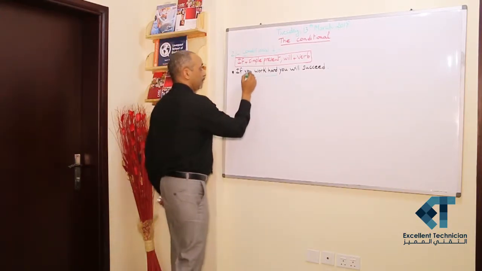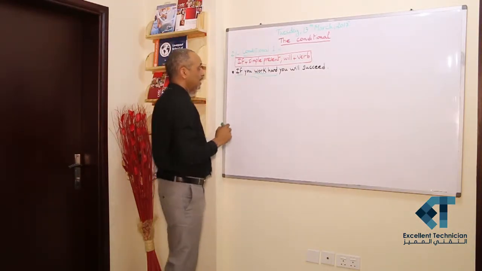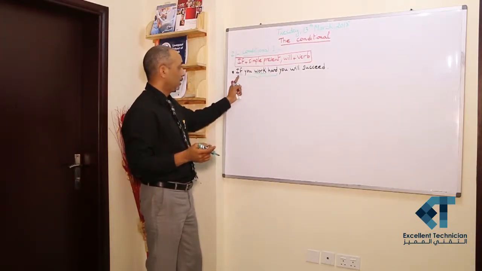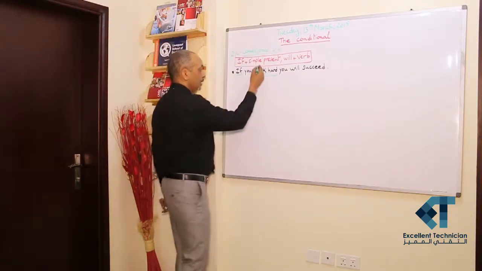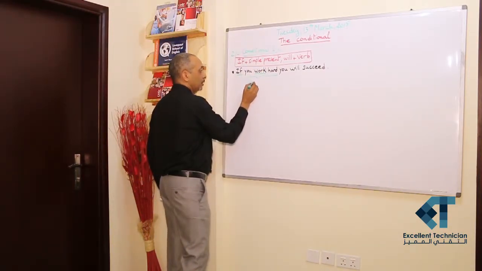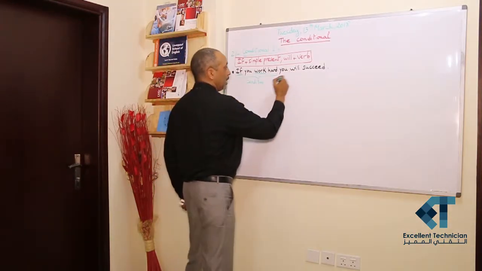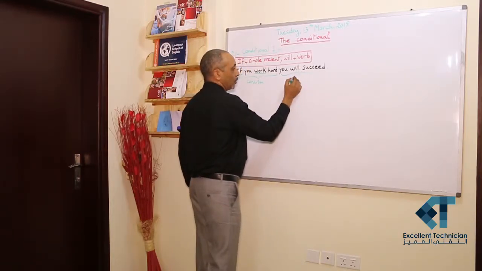Here we have work and if. Work is the simple present of the verb to work, and if is always used in conditional. This is the condition. Here I have you will succeed. This is the fact or the result.